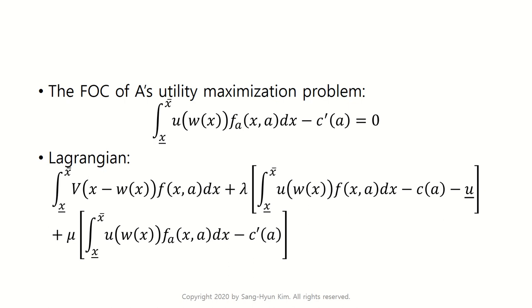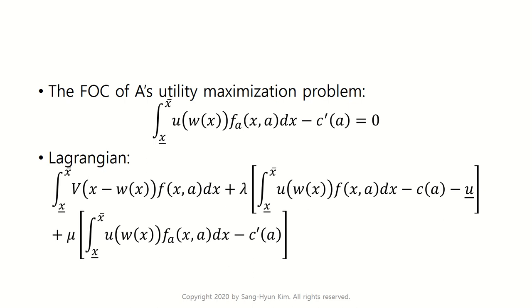And then we have the IR constraint, the binding IR constraint. And then we have mu, which is the Lagrangian multiplier for the IC constraint. And then we have the IC constraint. So this lambda and mu show how important each constraint is. Okay. So this is the Lagrangian.